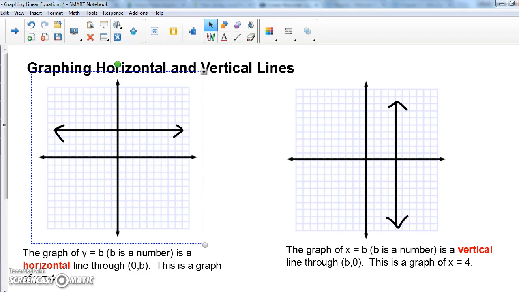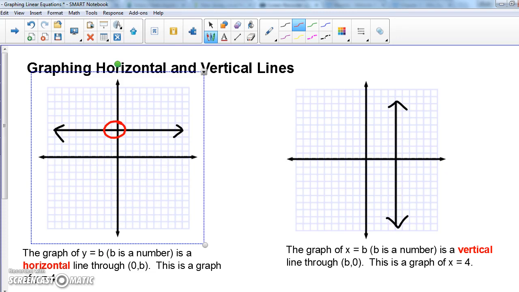So if you look on the left over here, it says the graph of y equals b, and that means y equals any number, is a horizontal line, left and right, and it goes through (0, b). This is a graph of y equals 4. So y equals 4 is horizontal, you can see right here, and it goes through (0, 4), which is right here.